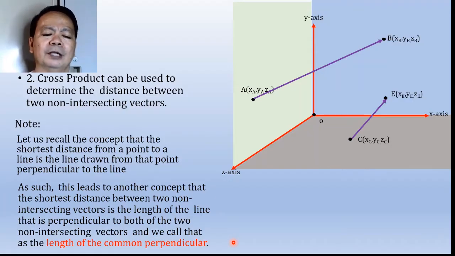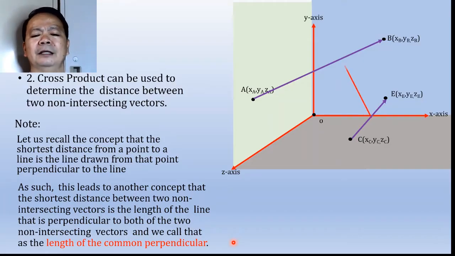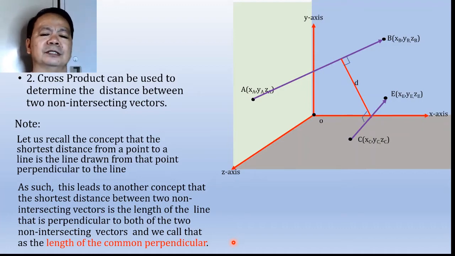And we will call that the length of the common perpendicular. Kaya kung meron tayong line that will be perpendicular to vector AB in this direction and also perpendicular to vector CE, then this line will be the shortest distance and the distance between the two non-intersecting vectors.